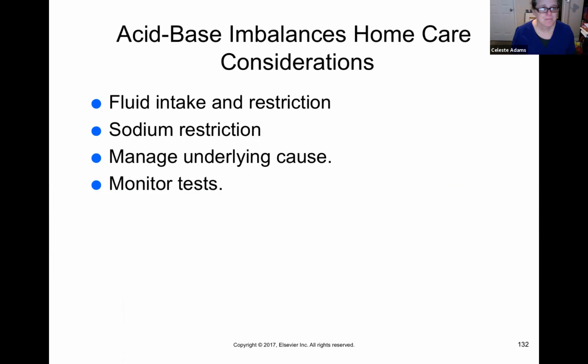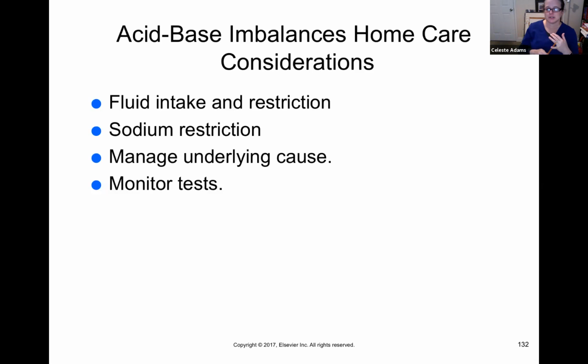These are some things that you're going to tell the home care patient to be mindful of. Fluid intake and restriction. These things have a lot to do with it. They can be that underlying cause that can be corrected, that can correct the acid-base imbalance.